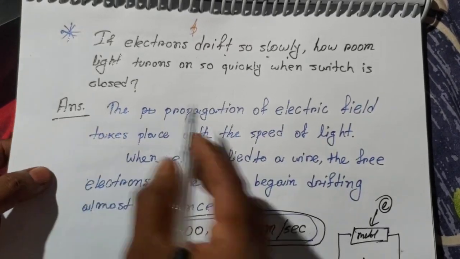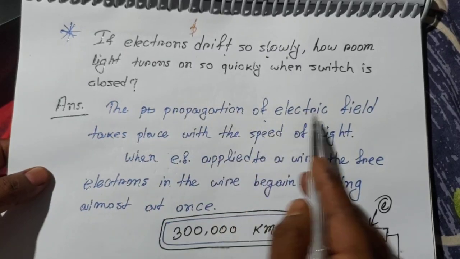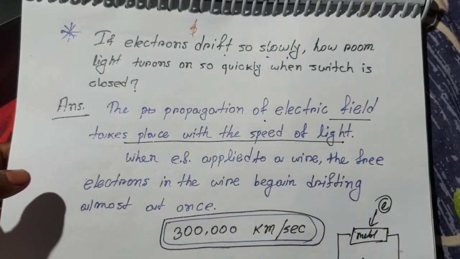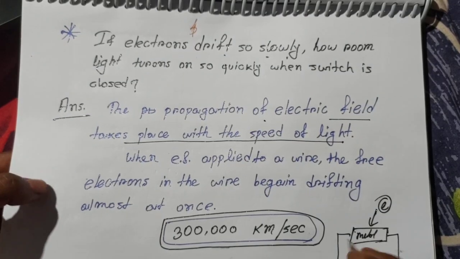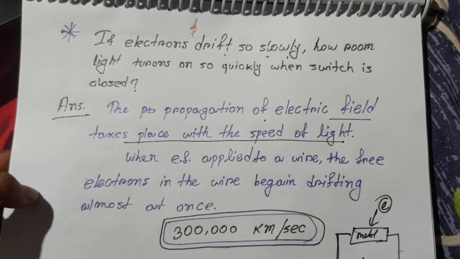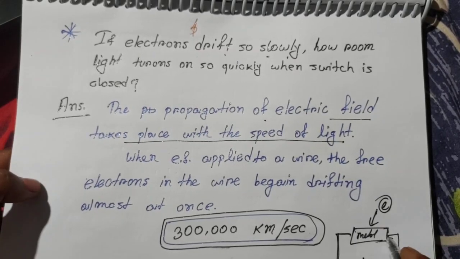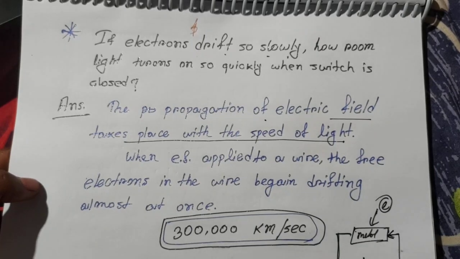The answer is that the propagation of the electric field takes place with the speed of light. When we apply an electric field, that is a very quick thing.